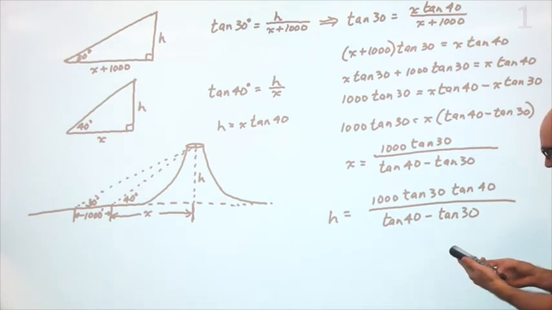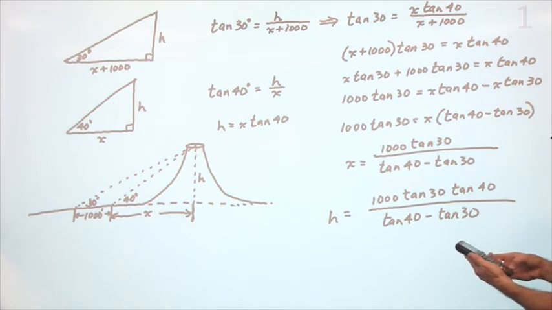So all I do is punch that out. I have 1,000, enter, 30 tangent times 40 tangent times. Now I'm going to divide by 40 tangent, 30 tangent minus, divide.